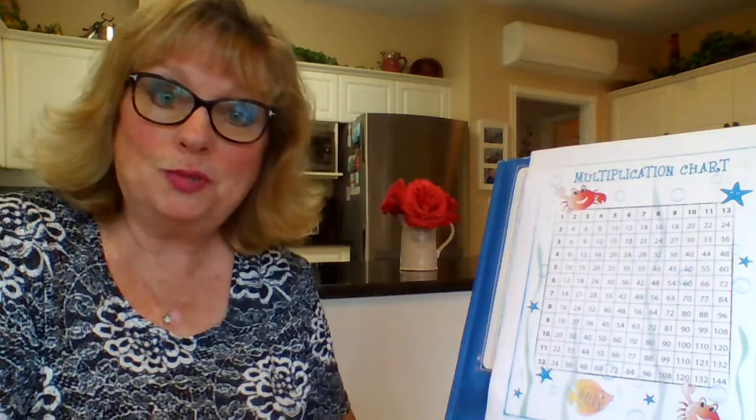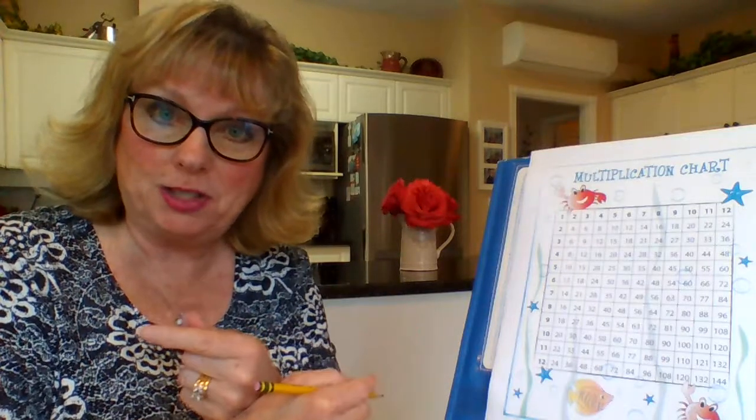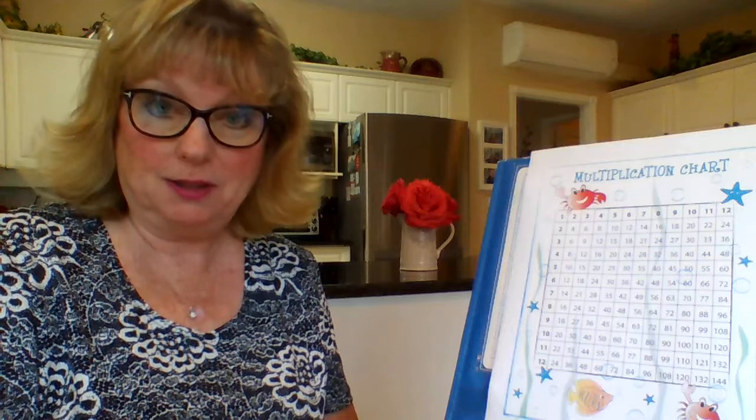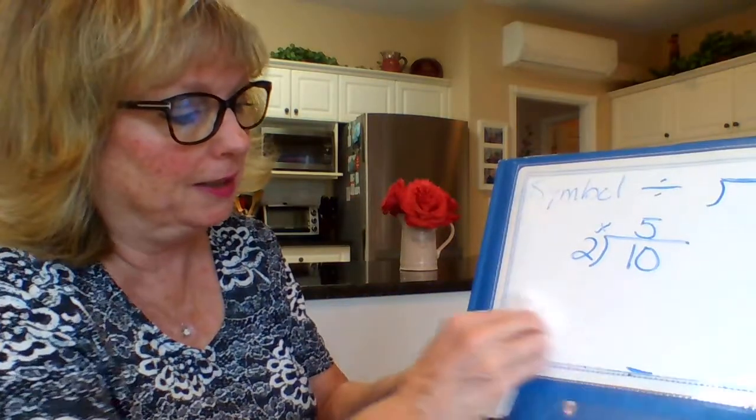So once we know 4 times 5 is 20, and some of us know that already, fact family, reverse that, make that into a division sentence. So we had 20 divided by 5 is 4. Do you see how they're related? I can show you that on the chart here again, okay?